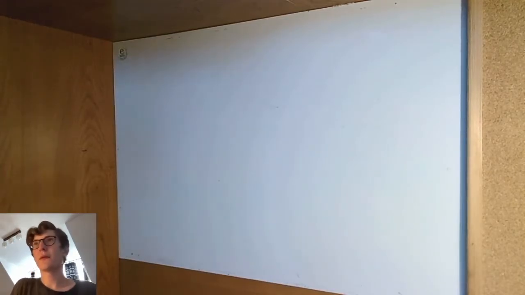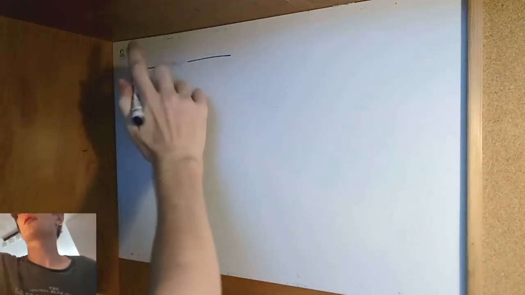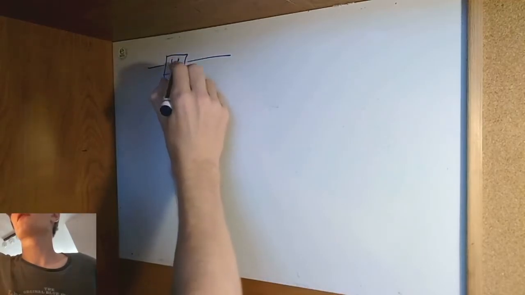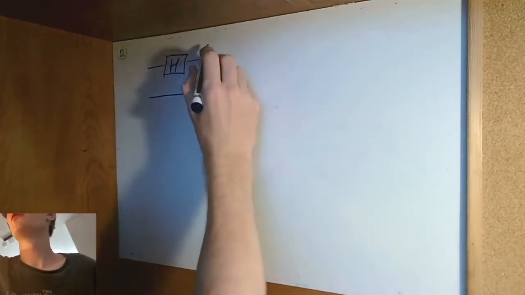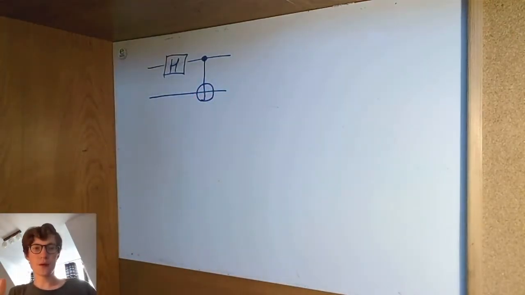So let's try with drawing the circuit that goes the other way around. That puts these computational basis elements into entangled Bell states.